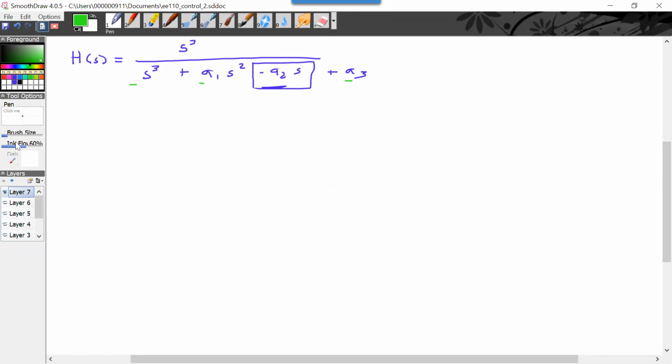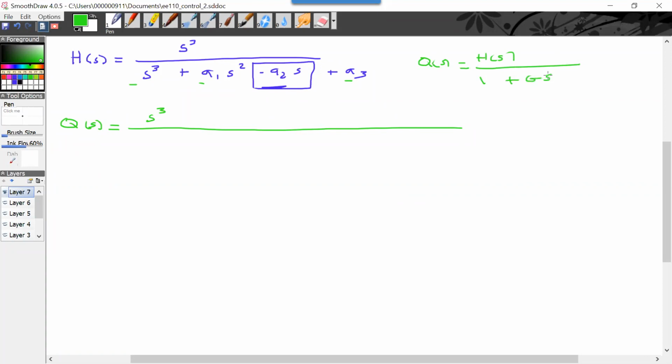All right. So we put it into Q of S. So I'm going to get the H of S, I'm going to get S cubed. And remember that original Q of S formula for one feedback path. It's 1 plus G of S, H of S. So this denominator will be replicated exactly as it is here because of the 1.